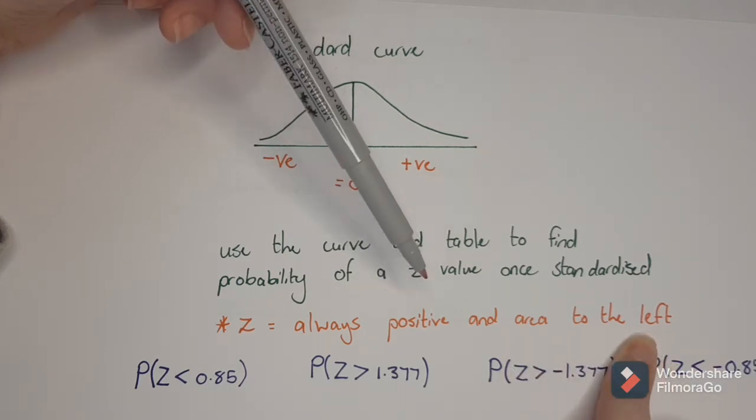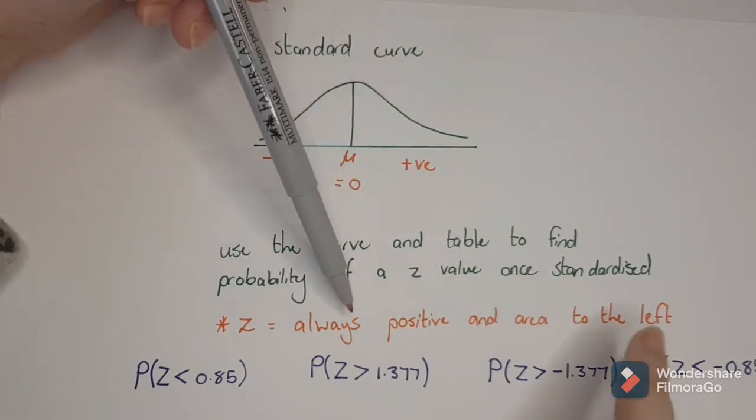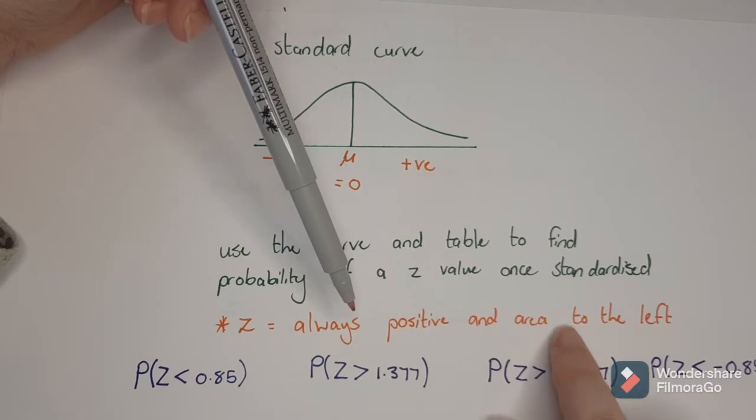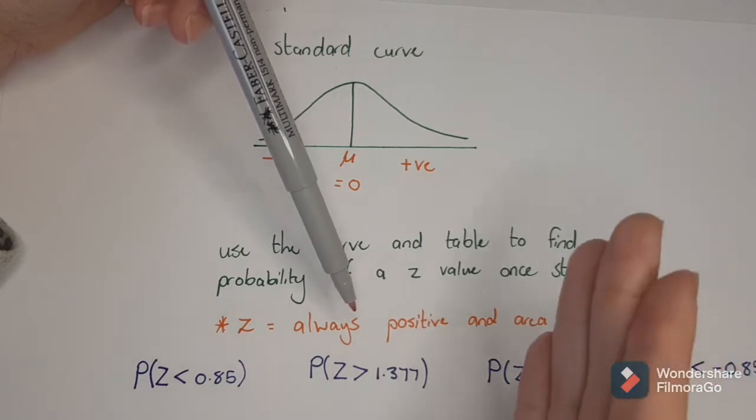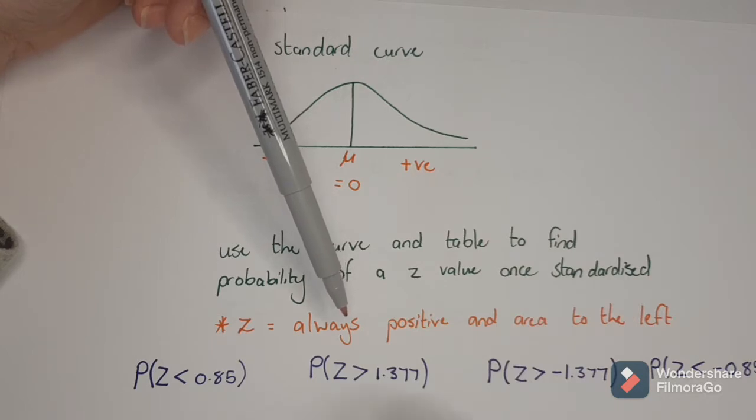So every value on the table is showing us the probability that is positive and to the left of our Z line. So when it's not positive and to the left, it means we have to change what we're going to be looking for.